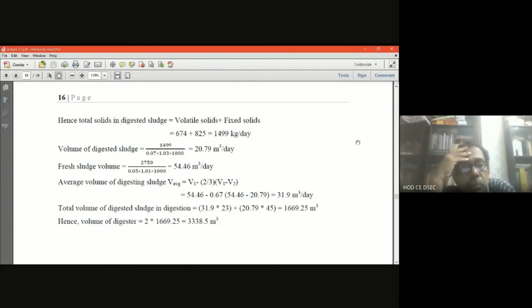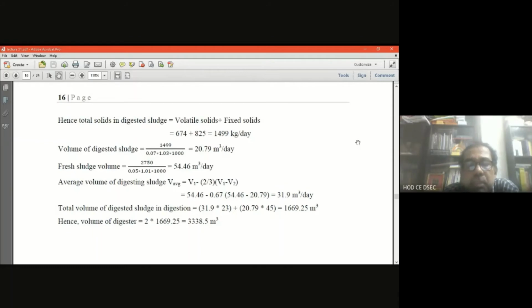Now that theory portion which you have learned from the research paper, just before studying the numerical sum, is the formula of the average volume of the digesting sludge: V average equals V1 minus 2/3 of (V1 minus V2). What is V1? V1 is 54.46 meter cube, the fresh sludge volume. 2/3 is 0.67.